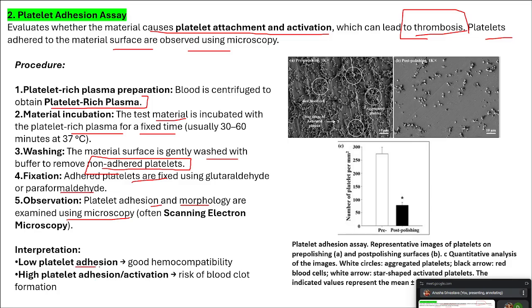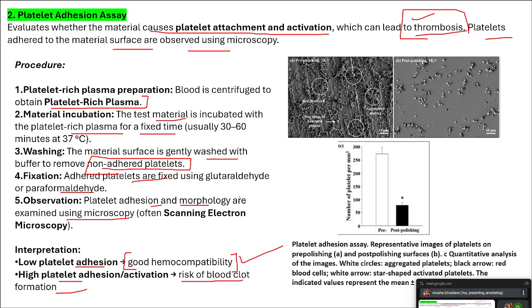Ideally there should be low platelet adhesion. Low platelet adhesion represents good hemocompatibility. But if there is very high platelet adhesion, see here, it poses a risk of blood clot formation. That's why it's written thrombosis.